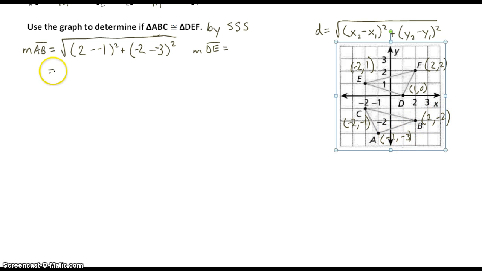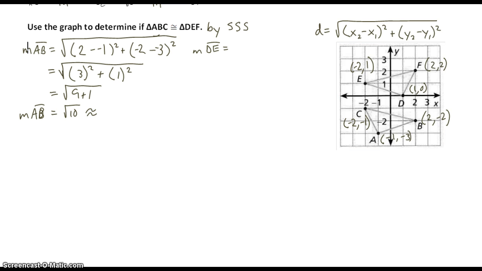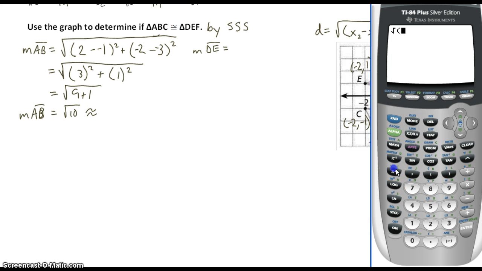And I'm going to do that math. 2 minus -1 is 3. -2 minus -3 is +1. So I end up with the square root of 9 plus 1, which is the square root of 10. So the measure of AB is the square root of 10, which is approximately 3.16 long.